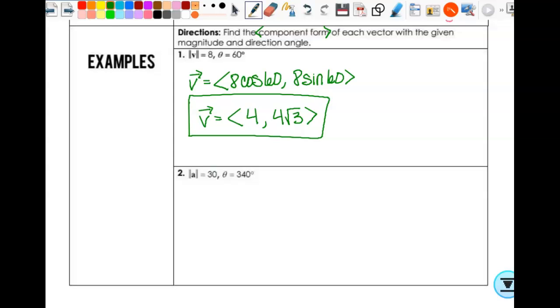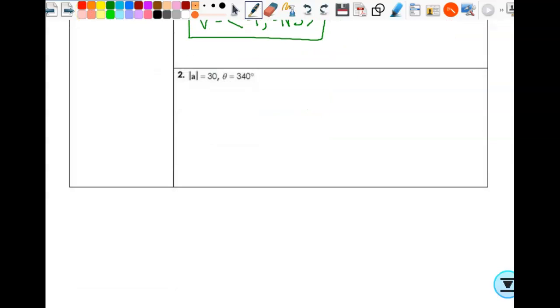All right. We're going to do number 2. So I have vector A here. So vector A is equal to 30 times the cosine of 340 and 30 times the sine of 340. This one we're going to have to do on the calculator.